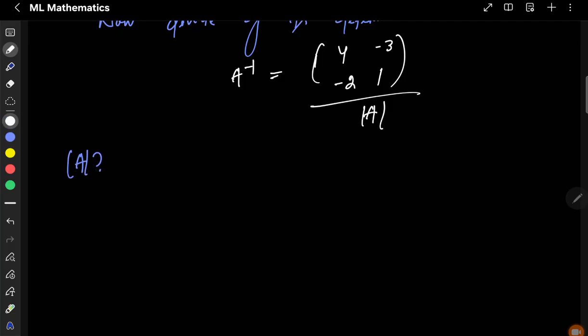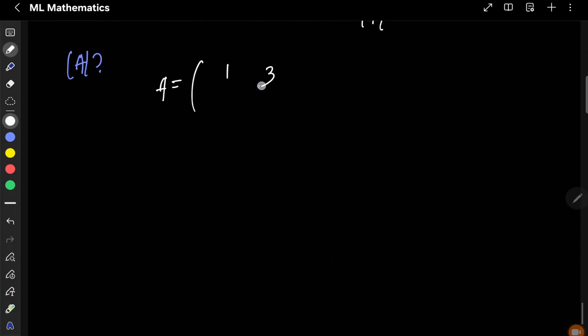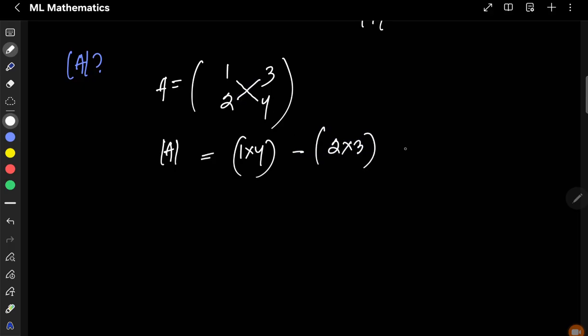What is the determinant of A? If A is the matrix 1 3 2 4, the determinant is nothing but multiplying the respective values: 1 into 4 minus 3 into 2, which is 4 minus 6, equals minus 2.